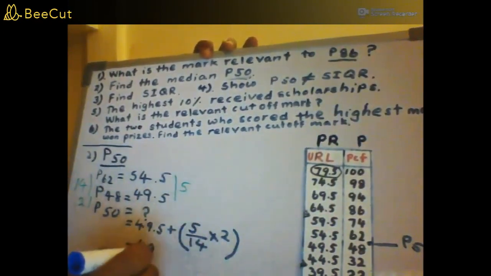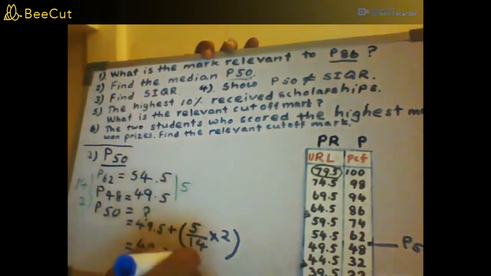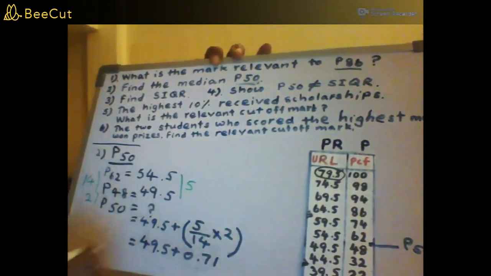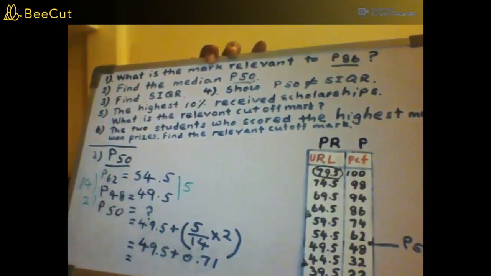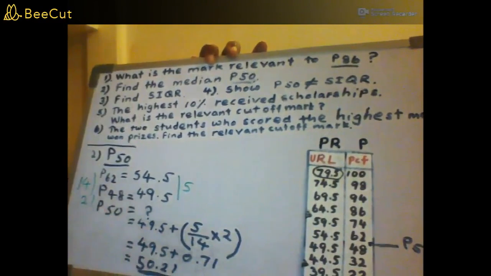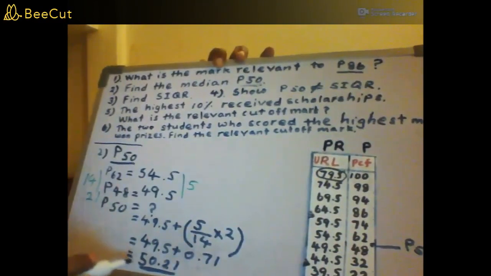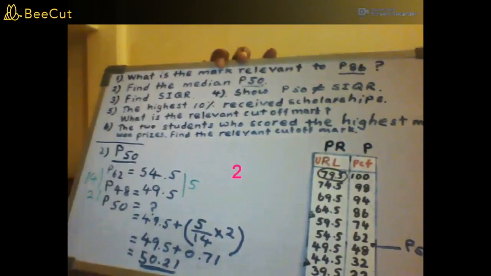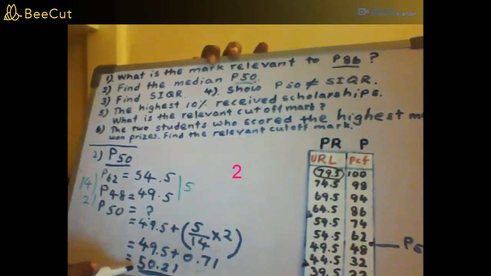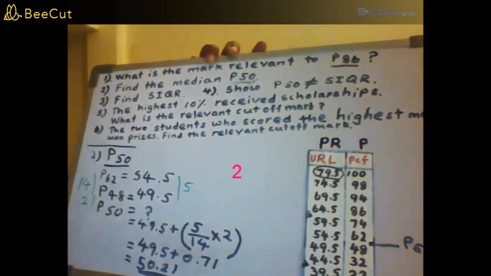So 49.5 plus 0.71. The answer is 50.21. That's the median, the mark which represents the middle place of a set of data, 50.21.